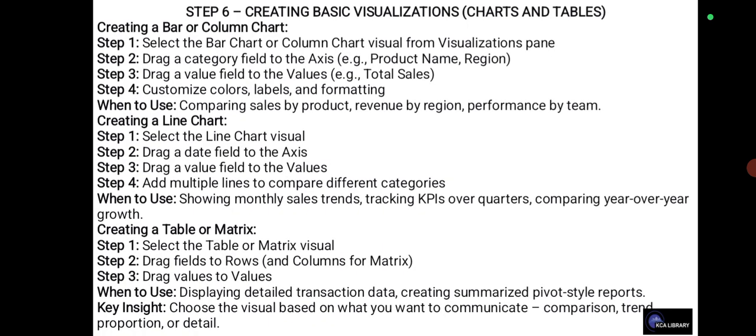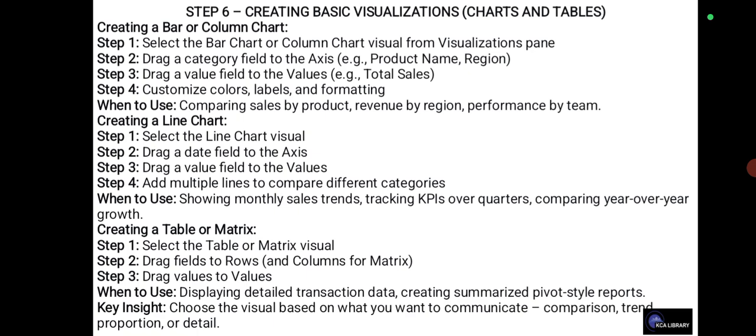Now the next step, step 6, after you have done all those previous steps, is to create basic visualizations. You can make use of charts and tables. First, select the bar chart or column chart visual from the visualization pane. Then you drag a category field to the axis.